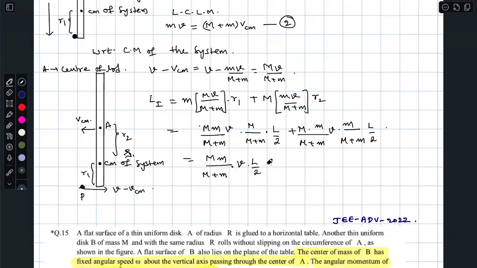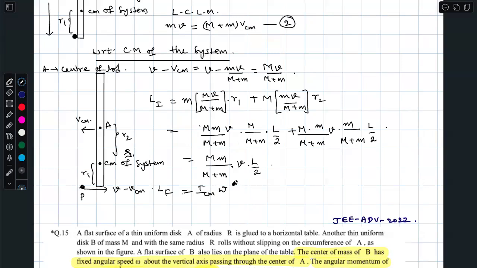The initial angular momentum. You are doing this in the reference frame of center of mass. Don't forget. You are doing this entire thing in the reference frame of center of mass of the system. This is with respect to center of mass of the system. So what is L final? Simply ICM omega.